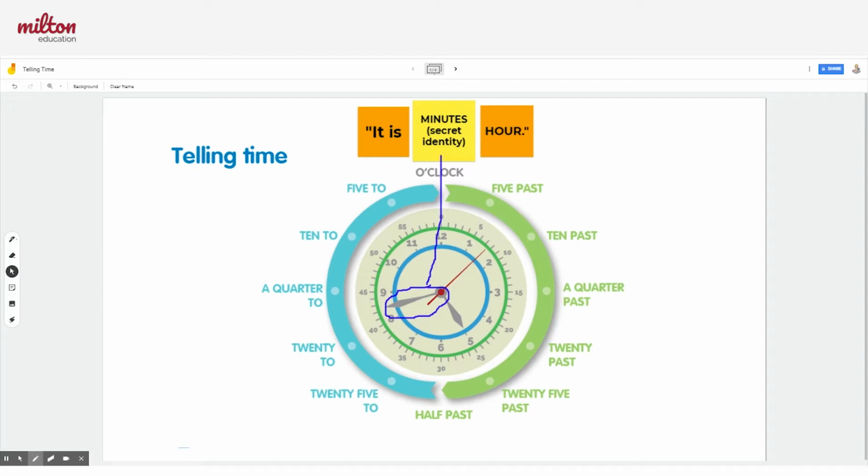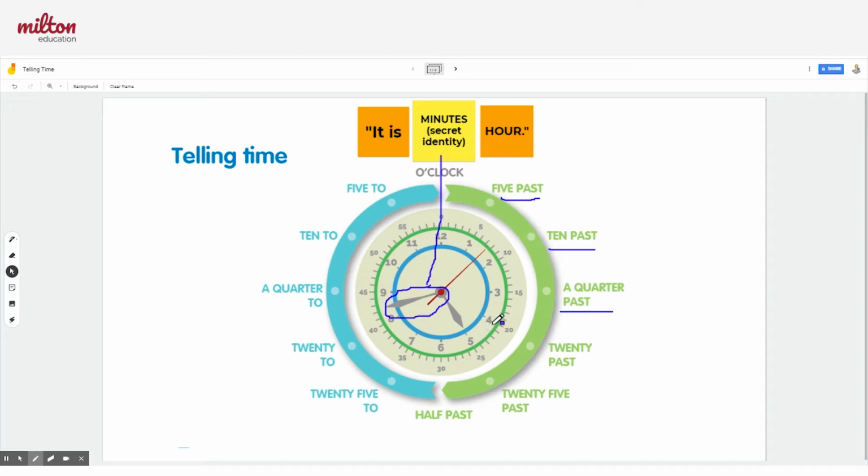We say its secret identity, which is 5 past. If it points to the 2, we don't say 2. We say its secret identity, which is 10 past. If the big hand is pointing here, we say a quarter past.